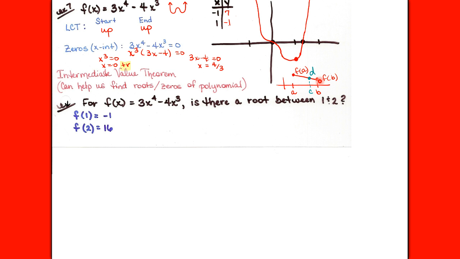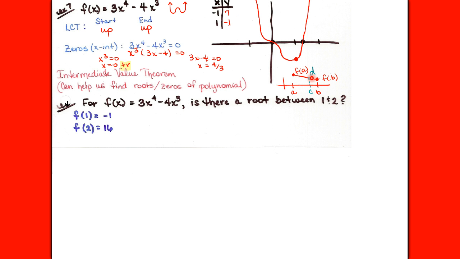Then it says for any number d that comes in between f of a and f of b, so that would be a y value in between these two y values, then there must be a number c in between a and b. There must be an x value in between these two x values, such that f of c is equal to d, such that if you put c into the function, it would give you that d value.